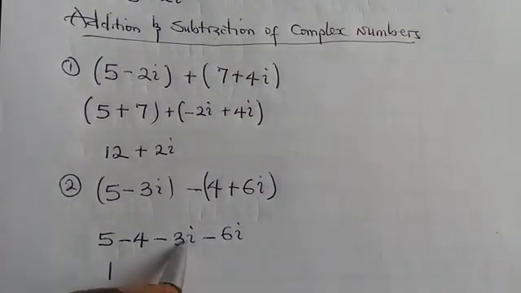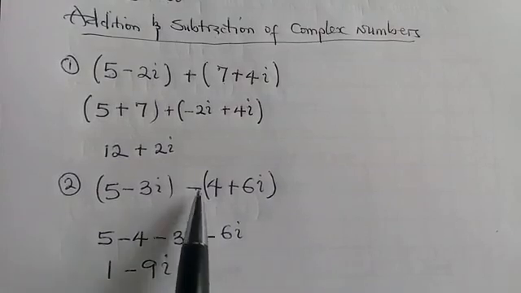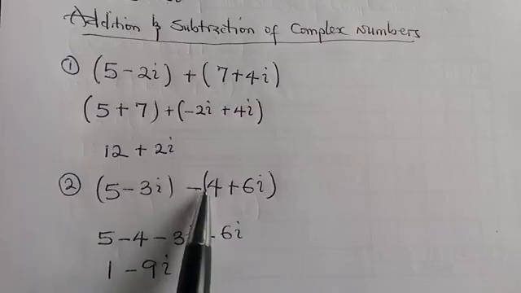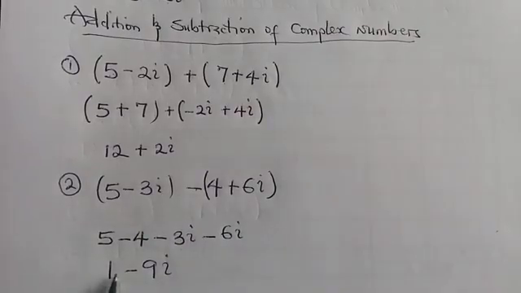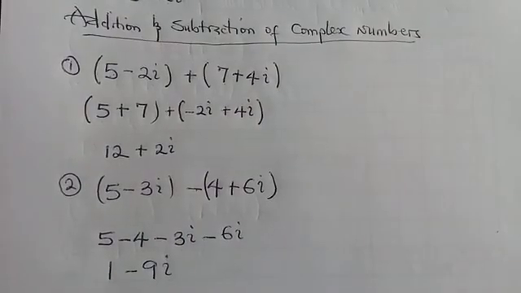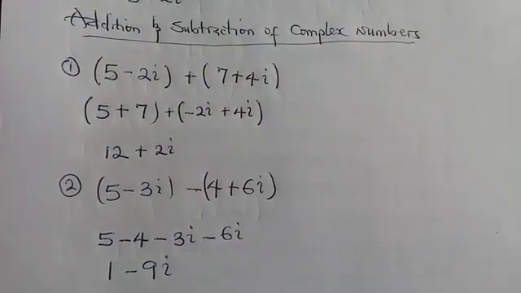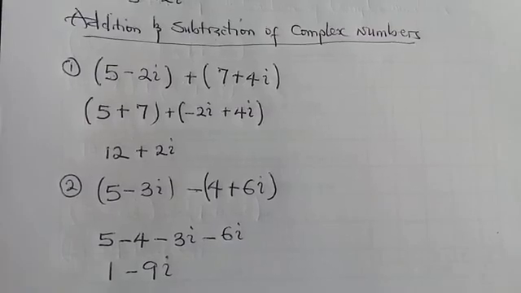Then minus 3i minus 6i is equal to minus 9i. So the difference between these two complex numbers is equal to 1 minus 9i. So that's all about addition and subtraction of complex numbers.